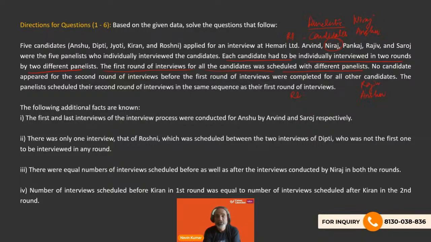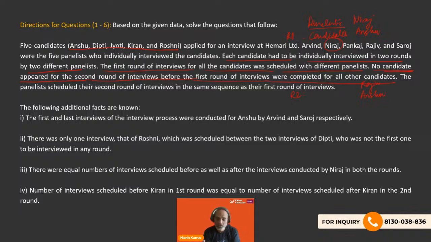No candidate appeared for the second round of interviews before the first round of interviews were completed for all other candidates, which means unless and until all these 5 candidates have completed their interview, the next round will not begin. So we will understand this better.